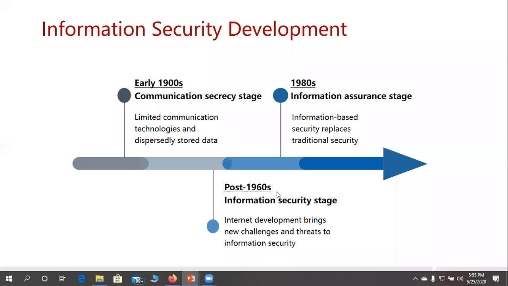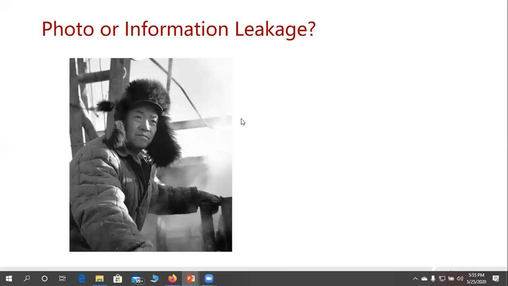So you find that computers were being connected to the internet, and that was increasing what we call the attack surface. And then 1980s, this is what is known as the information assurance stage. This is where we have information-based security replacing traditional security.